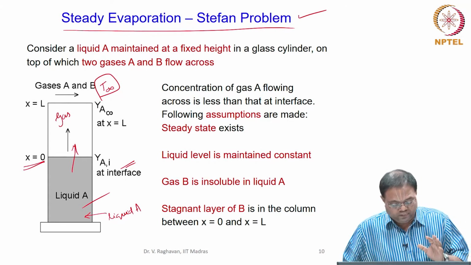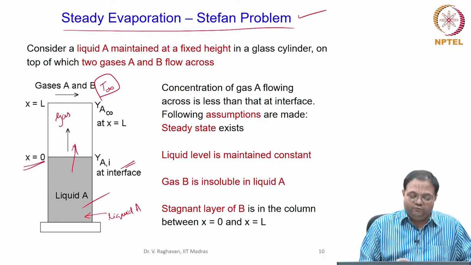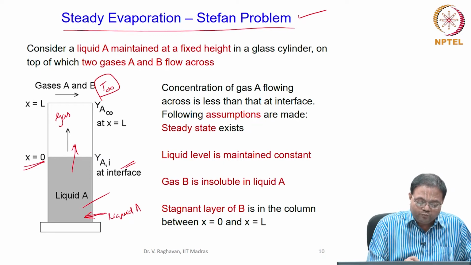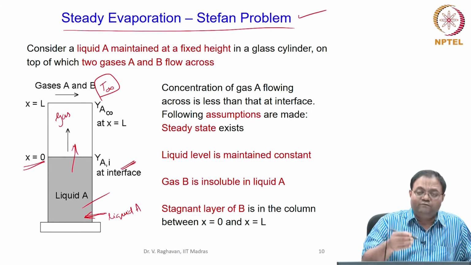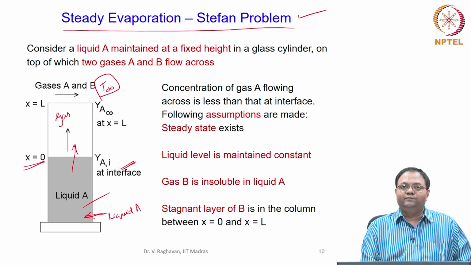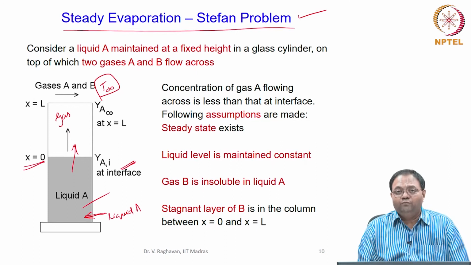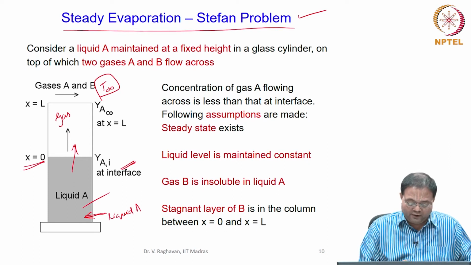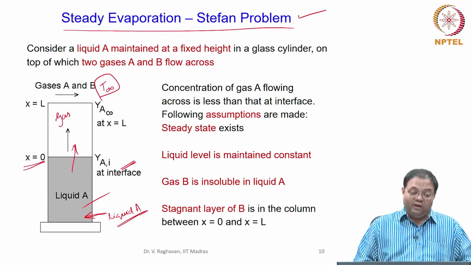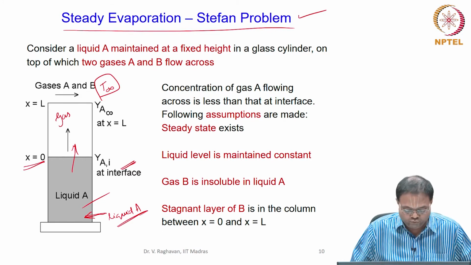Now one more important point is, when there is evaporation, if you do not supply the fuel here, then the interface will regress. That means the interface will come down. But what we are trying to do here is a fixed interface problem. That means the rate at which the fuel is evaporating, at the same rate I supply liquid A slowly, so that the level is maintained at x equal to 0, which is the interface point.